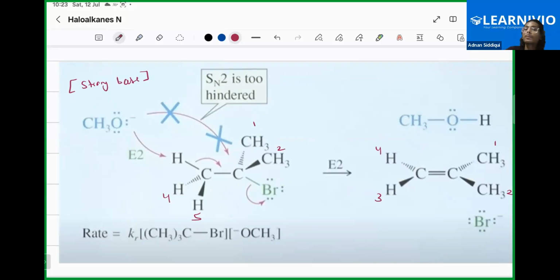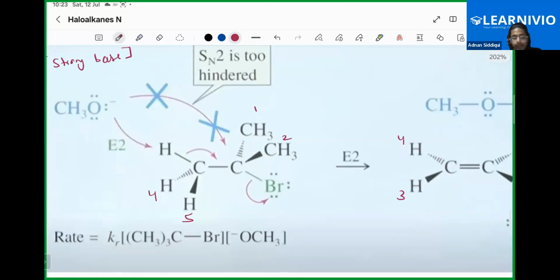So what could be the possible issues with the SN2 reaction? We are going to see. SN2 reaction is best for a 1 degree substrate, right? If you have a 1 degree substrate, the SN2 reaction will be the fastest. Why? Because in the SN2 reaction, we have to attack from the backside. If our substrate is hindered, if it is surrounded by so many groups, you won't be able to attack with much proficiency.